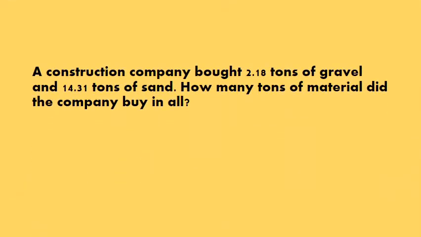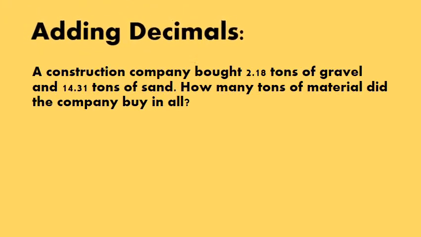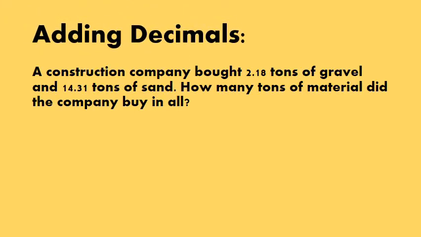Let's move to adding decimals. We're going to explain this by solving a word problem. A construction company bought 2.18 tons of gravel and 14.31 tons of sand. How many tons of material did the company buy in all?